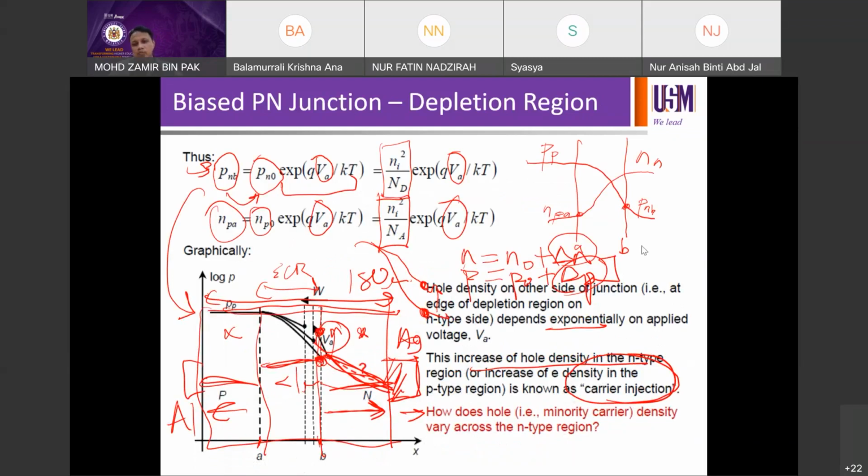Fatin, can you explain a little bit how come your minority carriers increase when you apply forward bias?